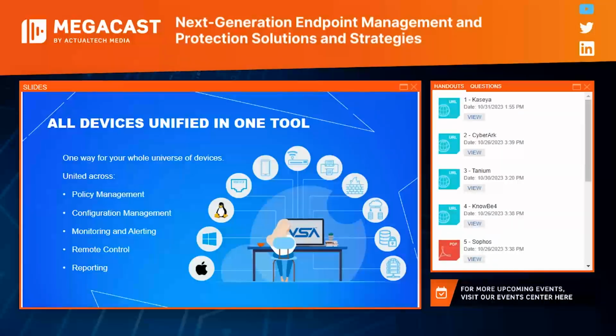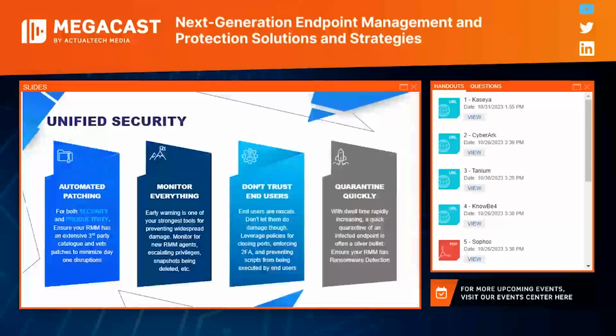Industrial IoT, we can manage it. And it's unified in how it manages it too. So if you suddenly log in on Monday morning, you have to start managing your company's iPhones because your CEO's iPhone got hacked over the weekend, you can do that because you already know how to, because you know how to manage any other endpoint. So there's unity across policy, configuration, monitoring, remote control, and reporting. Makes your life a lot easier.